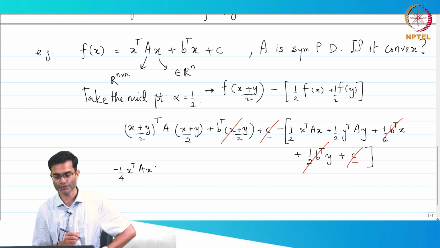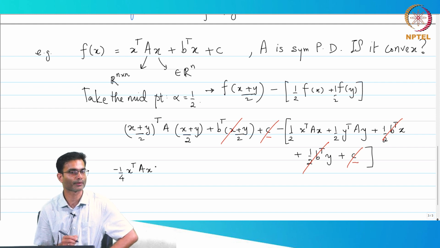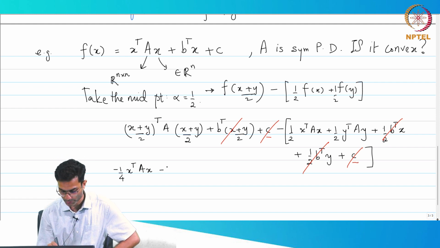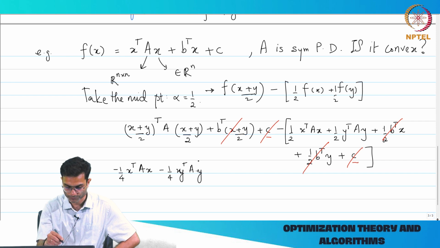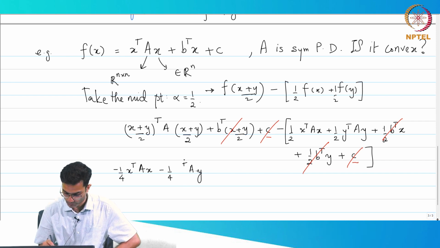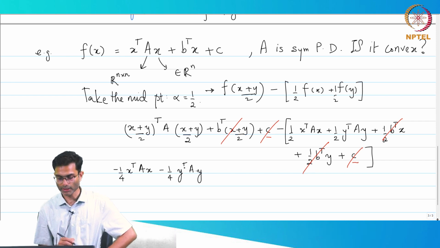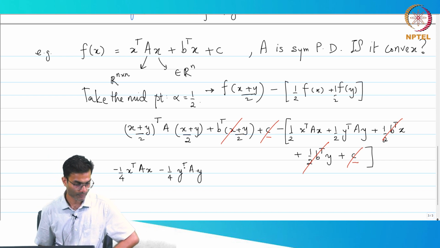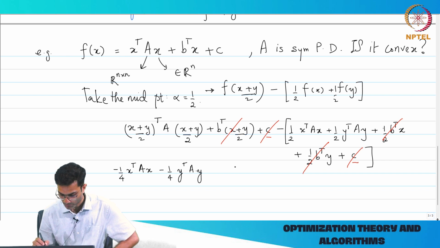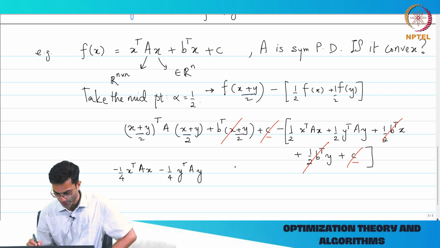What about the coefficient of y transpose Ay? Minus 1/4. Is there anything that survives? Sorry, this will be y. Anything else that survives? X transpose Ay, okay.